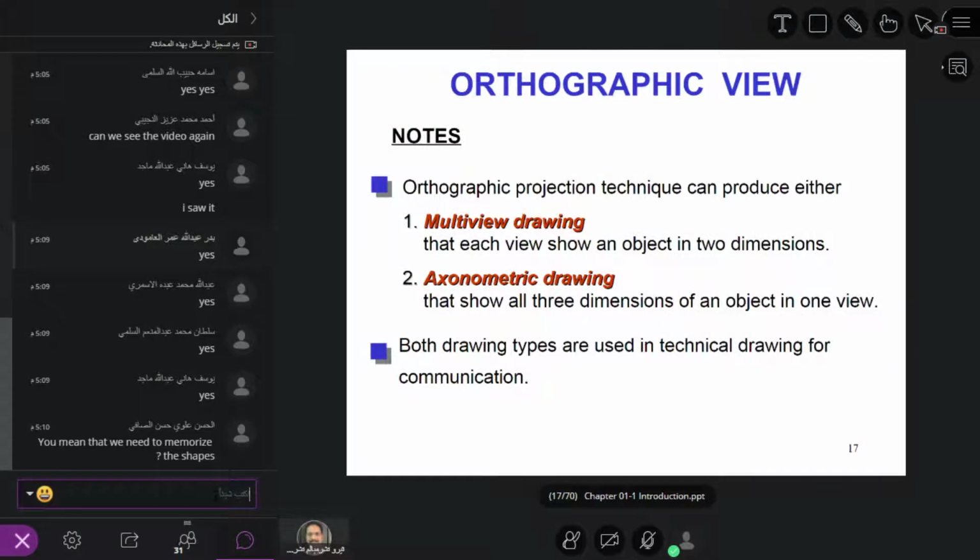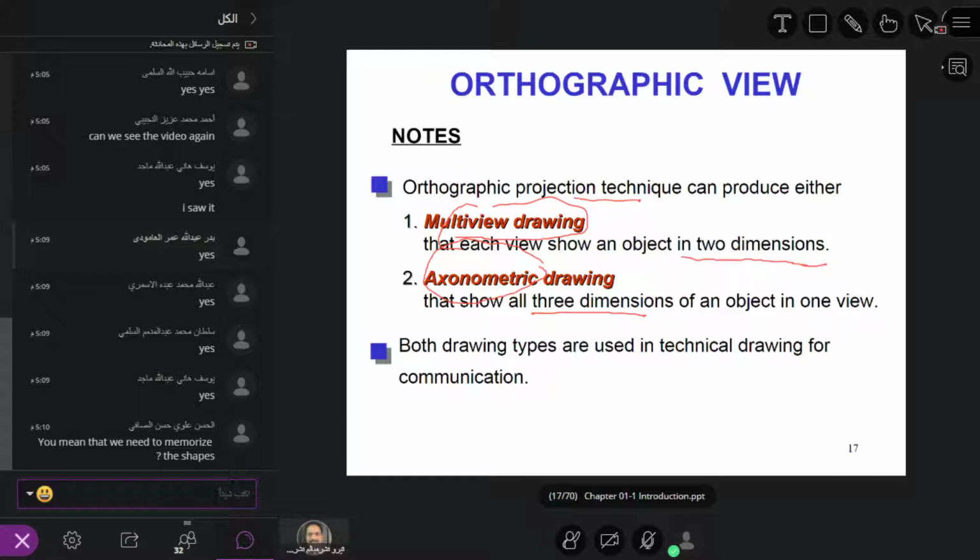Okay. Now, orthogonal view is a multi-view drawing. It's a projection technique. A technique that shows all three dimensions of an object in one view we call axonometric drawing. So, multi-view drawing is what we call when the object is in two dimensions.